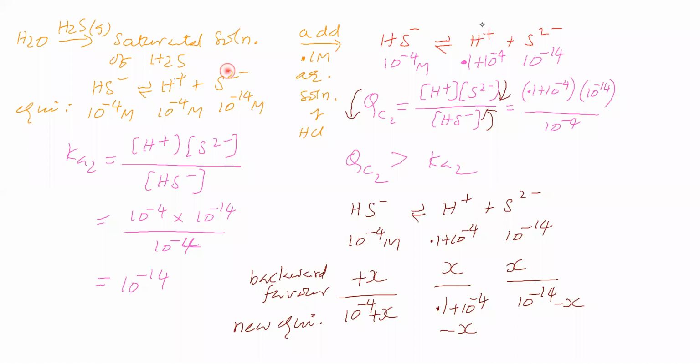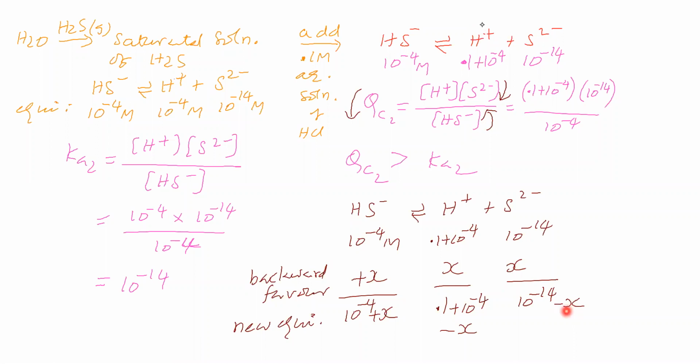Here the concentration of sulfide, and here the concentration of sulfide. Due to the addition of HCl, what happens to the concentration of sulfide? Does it decrease or increase or remain the same? What do you say?